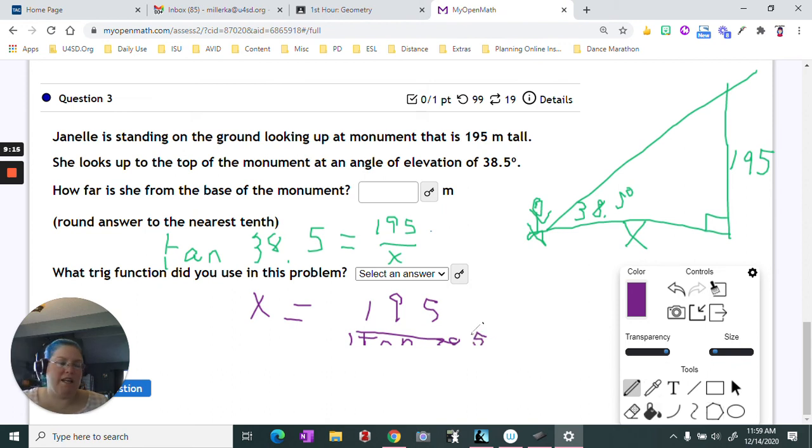I don't know why it's not letting me write that low. But I'm going to go back to my calculator and type in 195 divided by the tangent of 38.5. Okay. So check that out. And then hit enter.